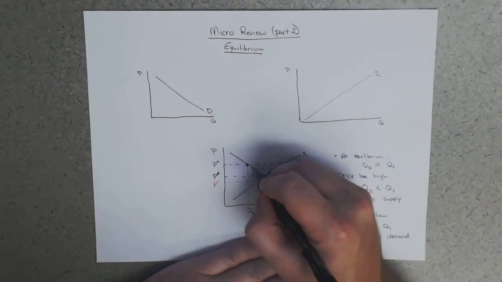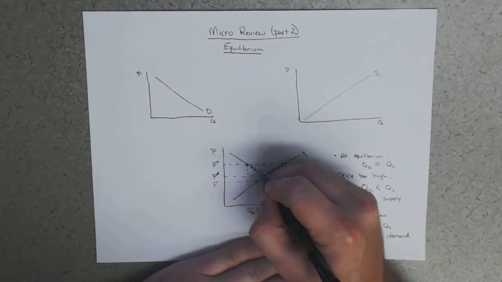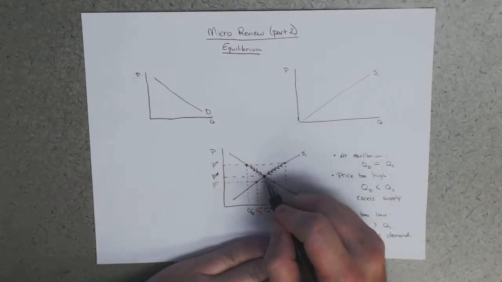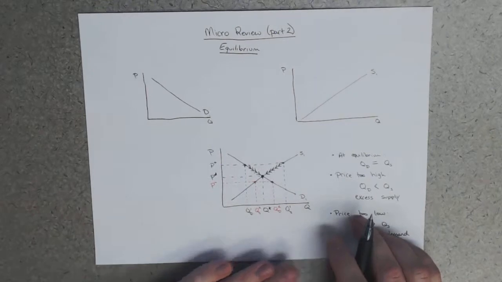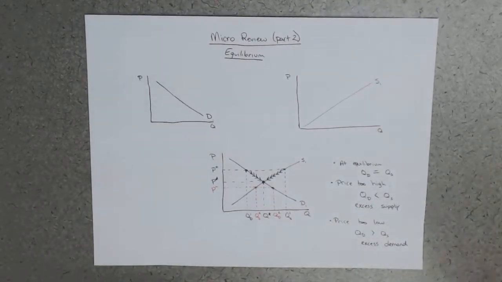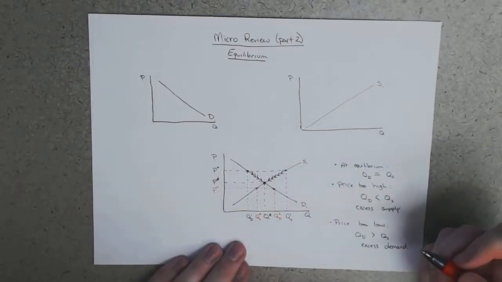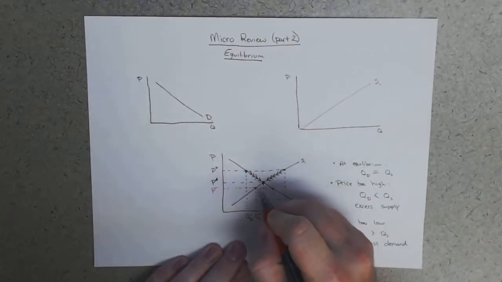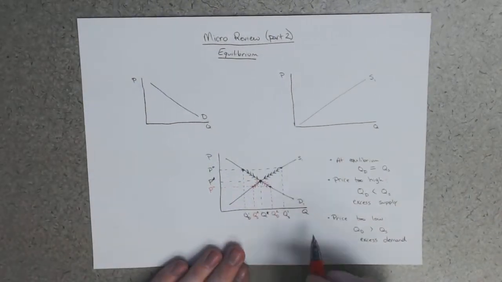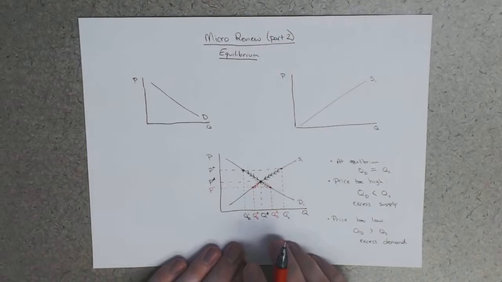But it's also going to increase the amount that the consumers are buying, and we'll get back to this equilibrium point. And if the price was too low, what would I do? Well, I could raise the price. So if I raise the price, that will induce the producers to make more, and it will induce the buyers to buy less. And again, we'll get back to the equilibrium point.